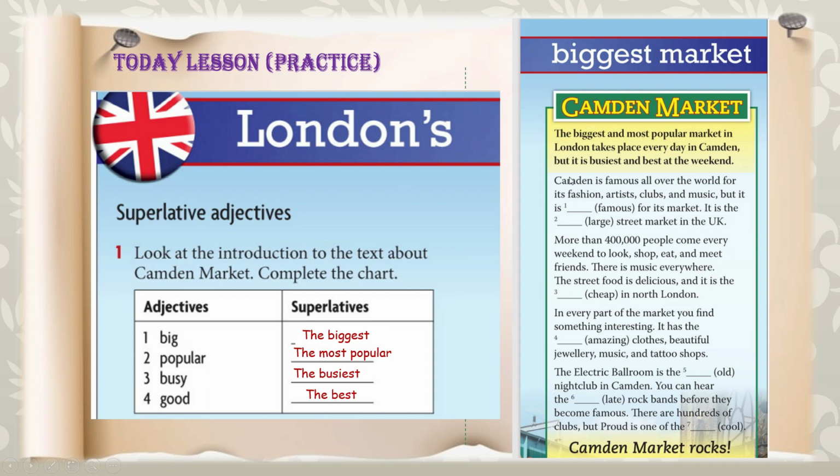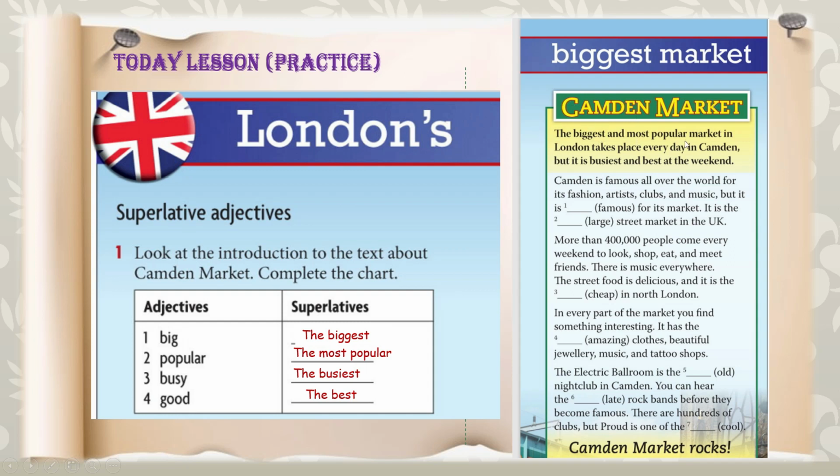Here's what we have to do in the next practice, talking about the biggest market, Camden Market. Here's the text that you have to read, and use the word in the brackets to complete the sentences. Now please scan through the text together. Camden Market.